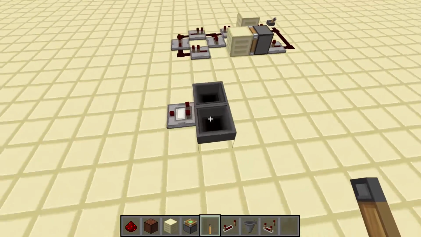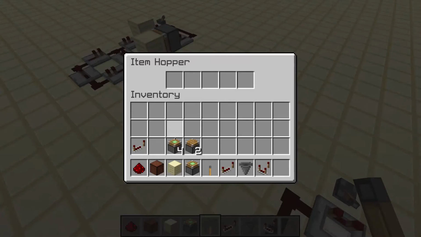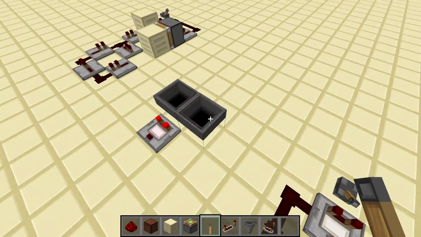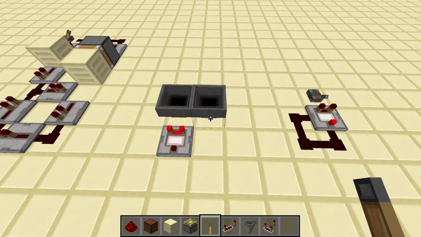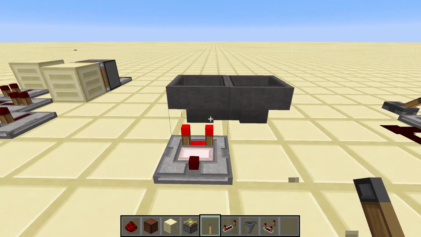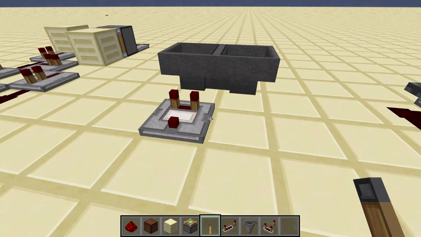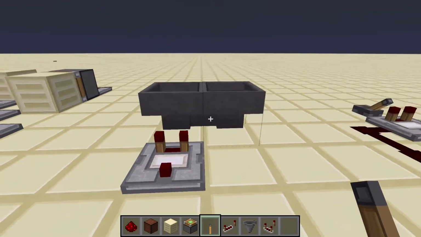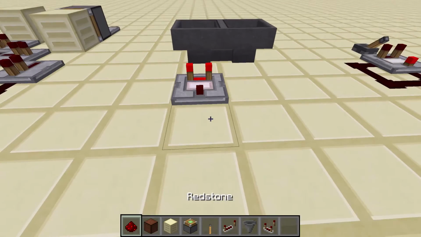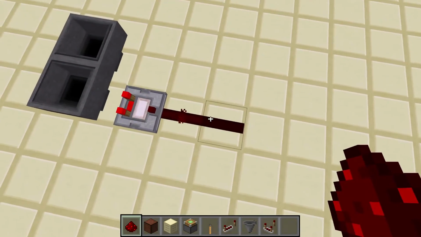For example, by using a hopper clock. A hopper clock basically works because there is an item in one of the hoppers, and the item is traveling to the one hopper over there and to the other hopper back like this. And this makes a pretty fast flashing clock, but it's not as fast as a repeater chain clock with two one-tick repeaters. Important is that these hoppers must be pointing into each other and that it only outputs signal strength 1.